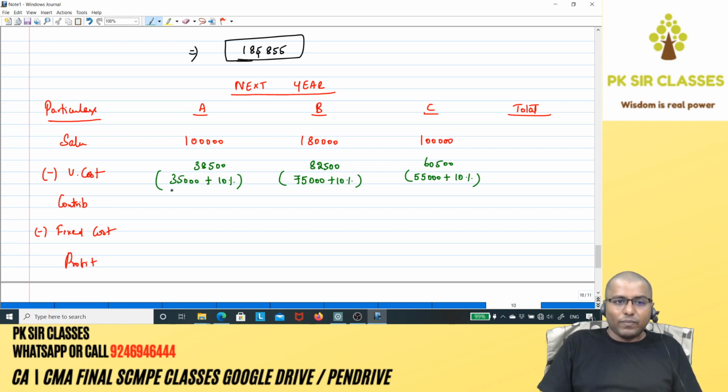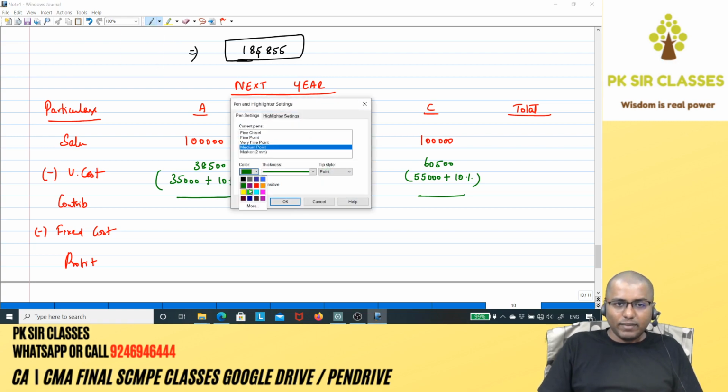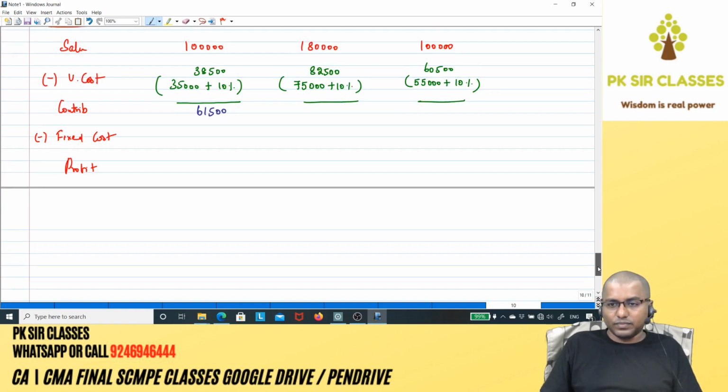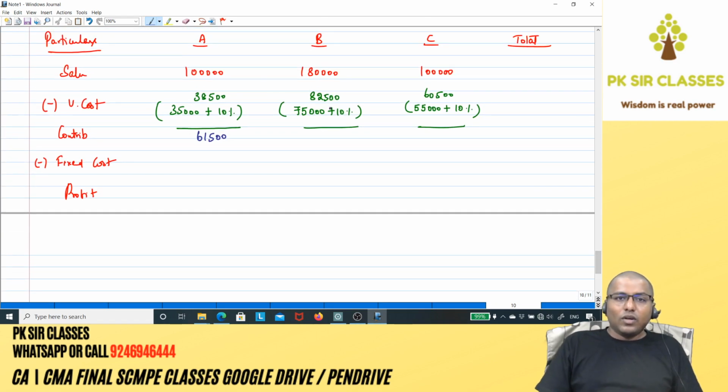Right guys, chalo. Now let's calculate contribution then. We have increased the variable cost by 10%. Everything else is going to remain the same. And let's calculate sales minus variable cost. So 1 lakh minus 38,500, so 61,500. What else? 1 lakh 80,000 minus 82,500.